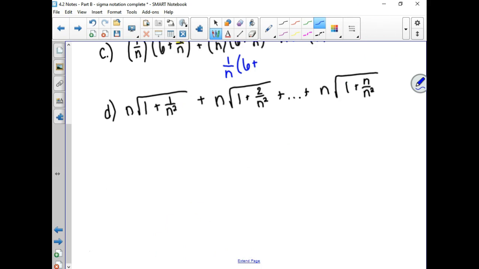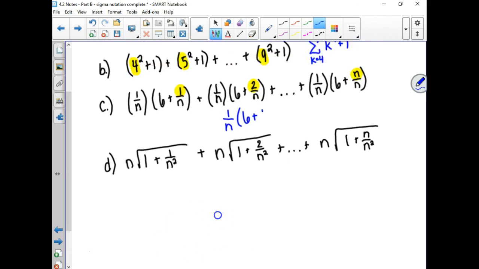Let's use an I again. Don't use an N. That's the only letter that you cannot use. I over N. Basically, you just take whatever that is that's changing and turn it into your variable. And then we would be doing a sum from, where do we start? 1. Where do we end? N.